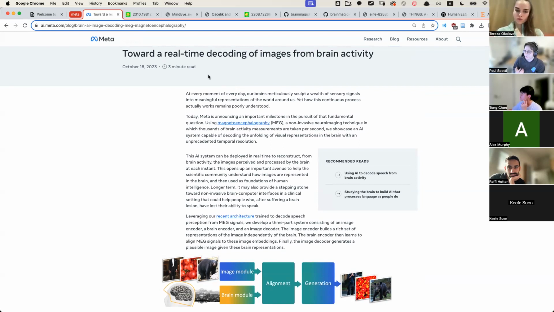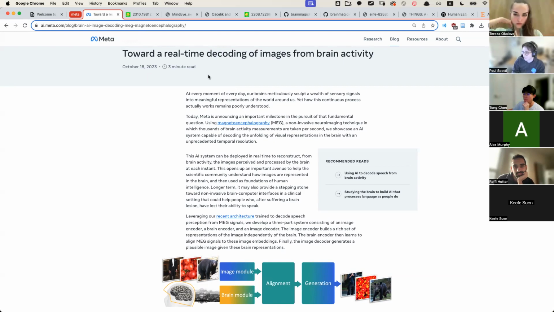With fMRI, you're only able to get a brain volume every 1 to 2 seconds, and you also have the hemodynamic delay. You have to wait for the blood to reach the areas of the brain that were active, and you're recording the blood changes. So you have to wait like 6 seconds for the activity to even be readable.